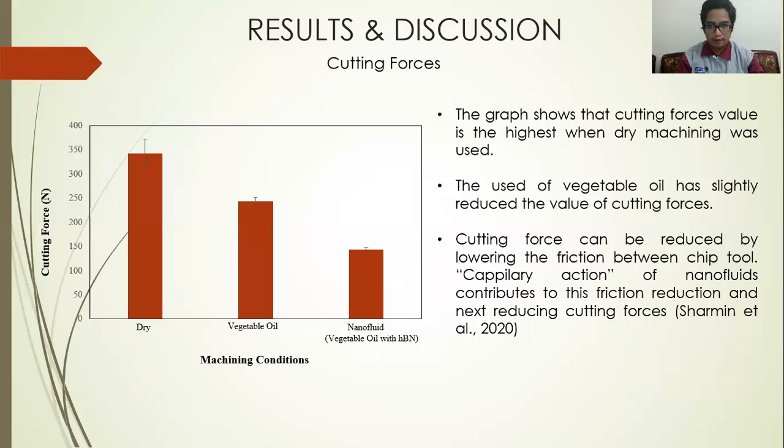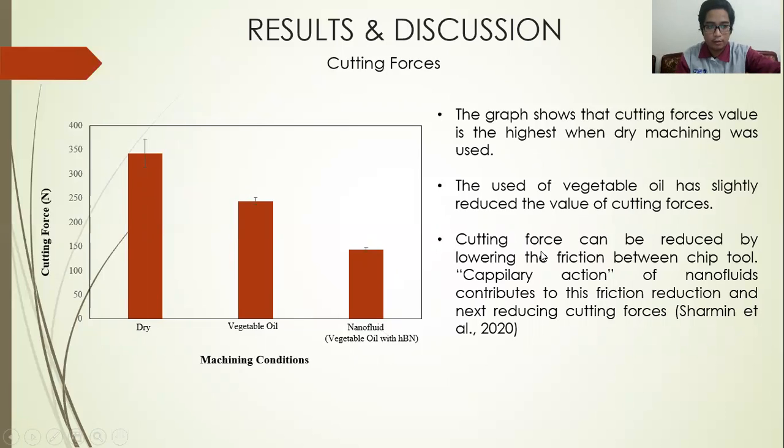This is the result for the cutting force. The graph shows that the cutting force value is the highest when dry machining was used. Next, the cutting force is slightly reduced by using vegetable oil as coolant. And next, the value of cutting force is lowest when using nanofluid as the coolant.